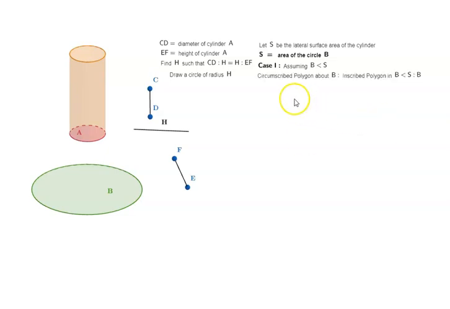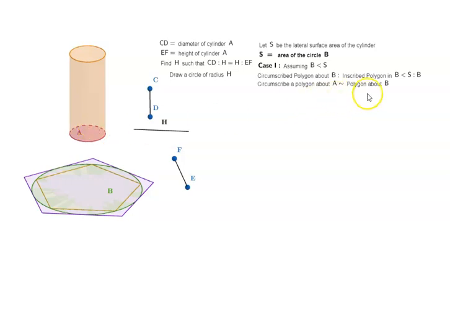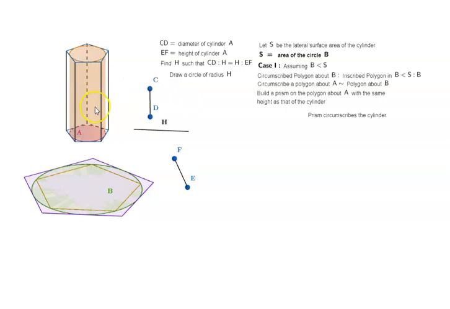So what we do is we circumscribe a polygon about B and inscribe a polygon in B. And we do it in such a way that the ratio between the circumscribed polygon and the inscribed polygon is less than S is to B. Circumscribe a polygon about A similar to the polygon about B. So now build a prism on the polygon about A with the same height as that of the cylinder. So the prism circumscribes the cylinder.